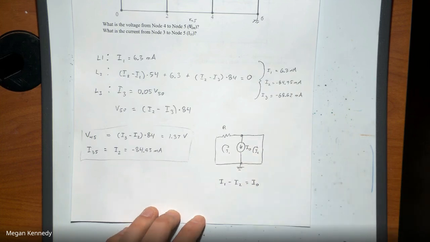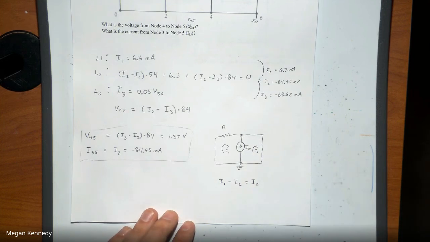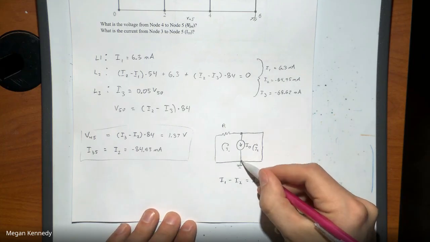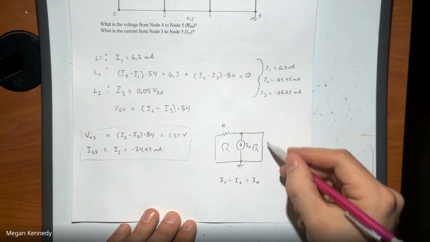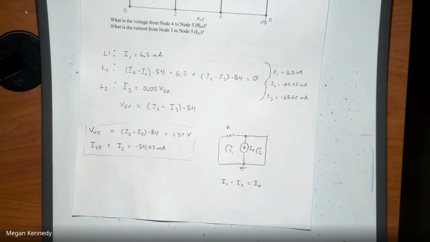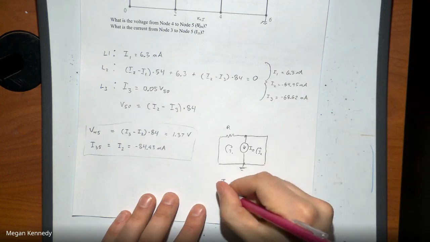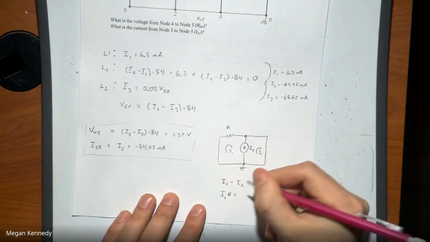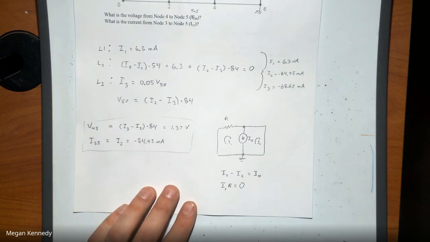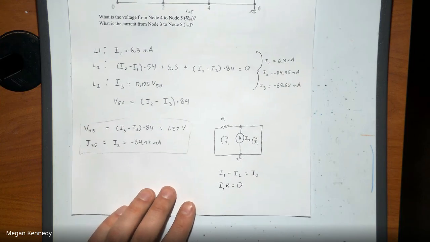So that current source is shared by both mesh currents. And then if we wanted to solve out this whole system, we could do the loop on the outside, because I2 doesn't really give us any useful information from its loop. I2 is just telling us the relationship to the current source. So we could just have I1 R equals 0. We would probably not have that really be the case. But yeah.